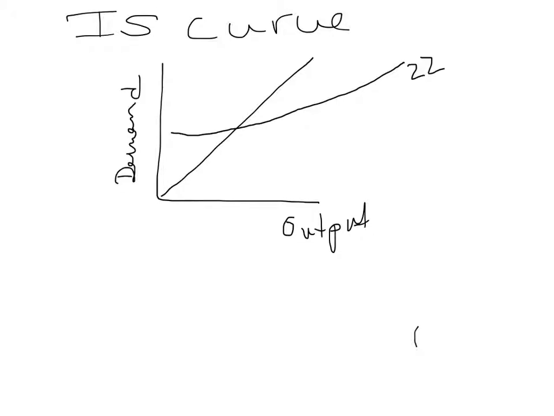So in this chapter, we're not assuming that investment is autonomous, but we're assuming that investment is a function of sales and interest rate.